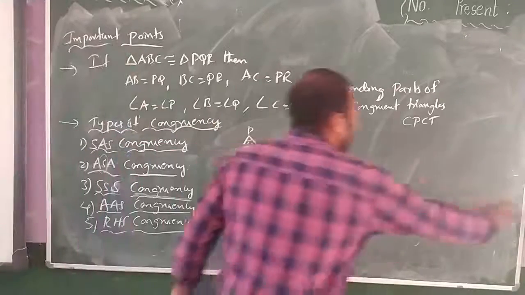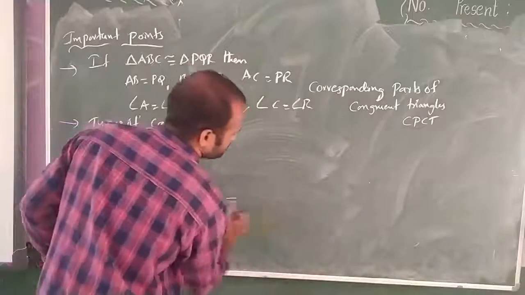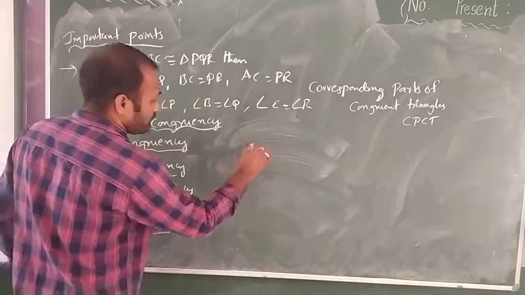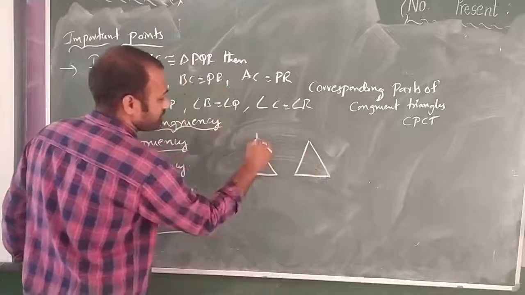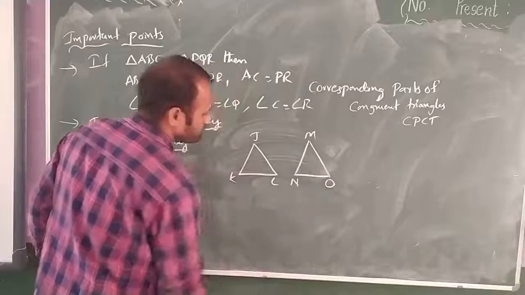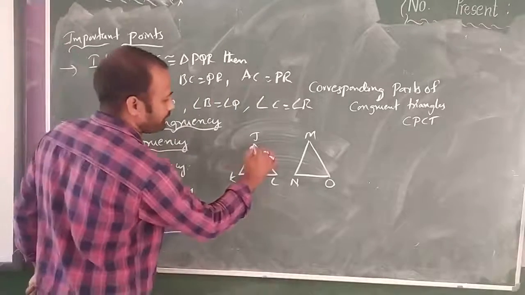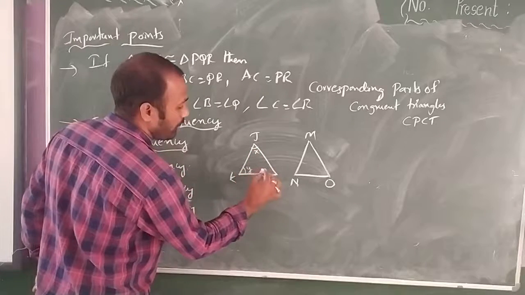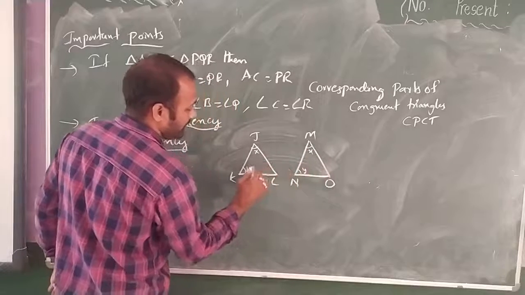Next, we will discuss the AAS congruency rule. So let us take two triangles, J, K, L and M, N, O. Two triangles we have taken, with two angles and one side.